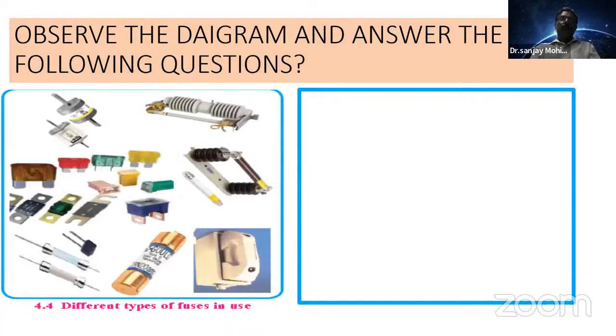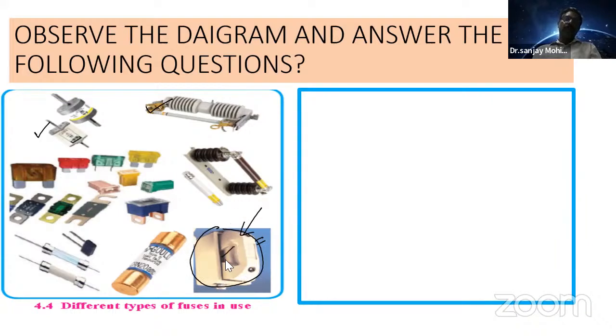Now, another type of question may be asked in the exam, a diagram-based question. On the left-hand side, you can see different types of fuse. All these are diagrams of fuses. The type of fuse shown in this diagram was used in olden times.